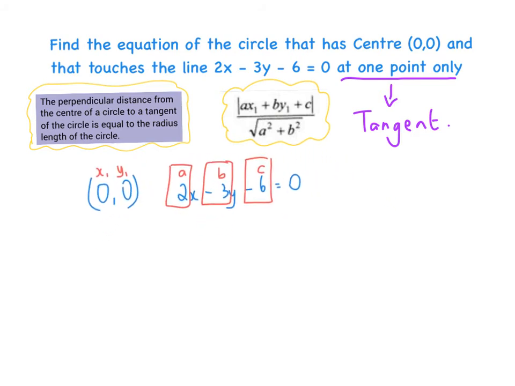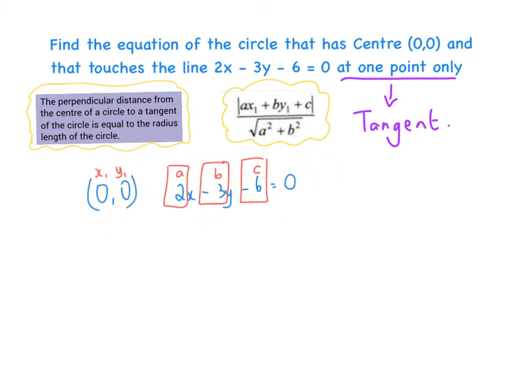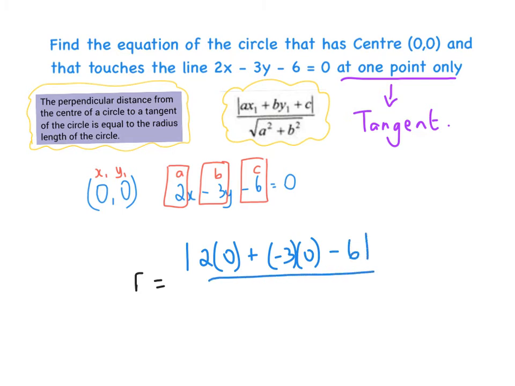Okay, so we have our radius is going to be equal to, so r is equal to here 2 times 0 plus minus 3 also times 0 minus 6, and that's our absolute value here, all over the square root of a squared, which is 2 squared plus minus 3 to be squared.